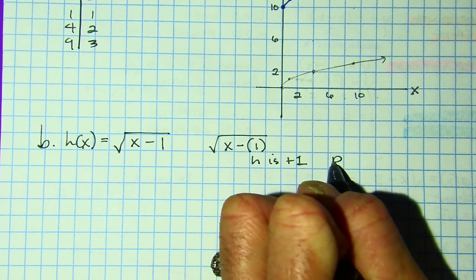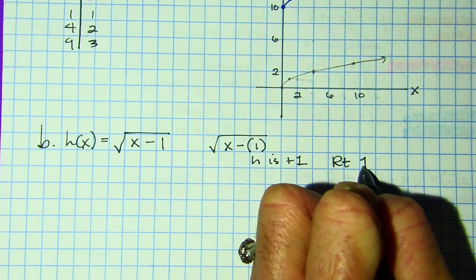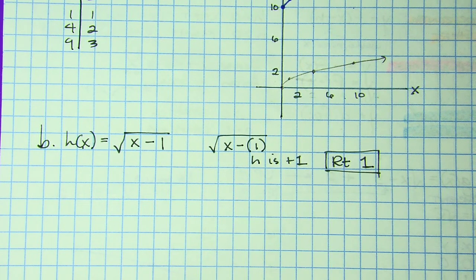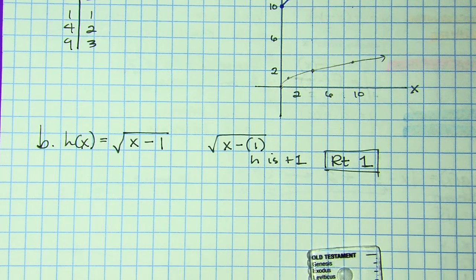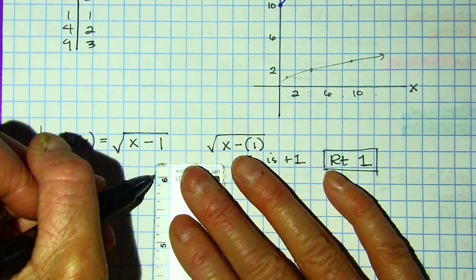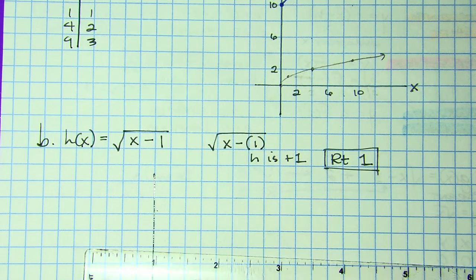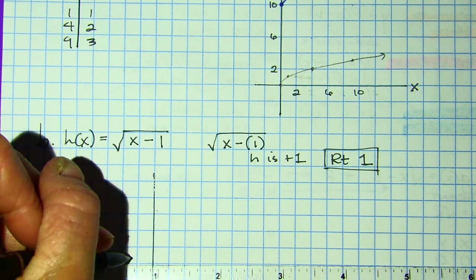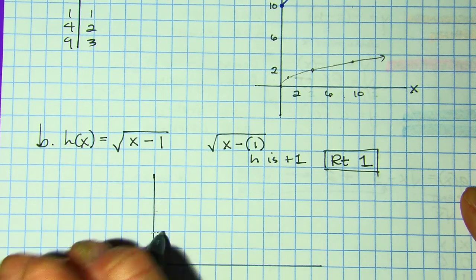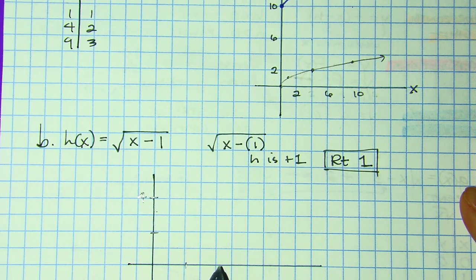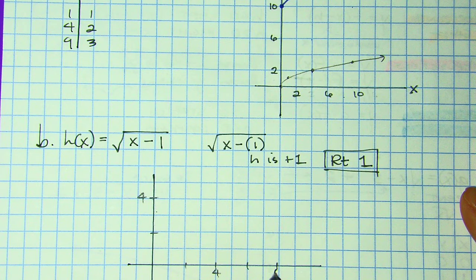So I can say that it's been transformed to the right 1 unit. Okay, so really easy graph because I'm using those same points over and over. I don't need to change anything about this one.